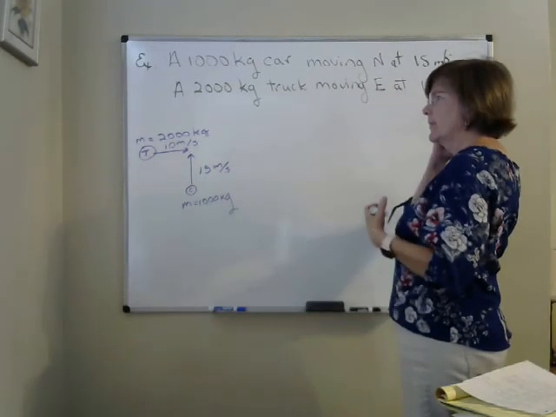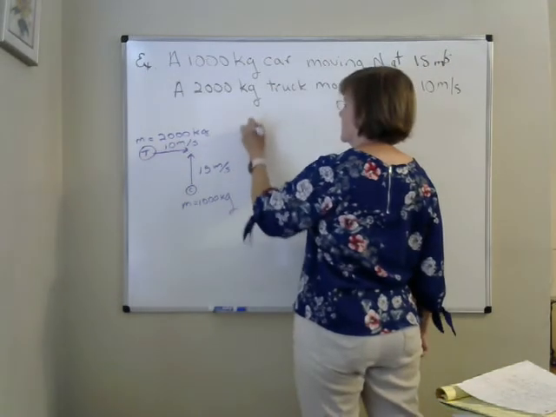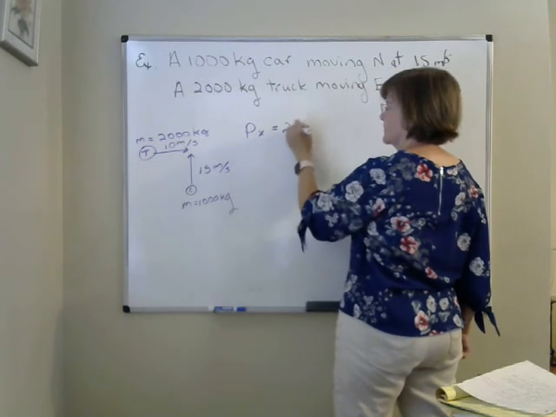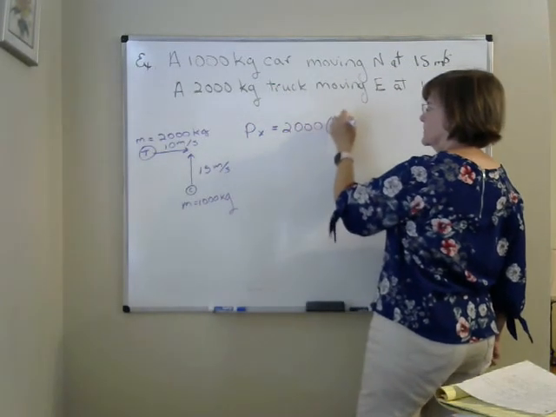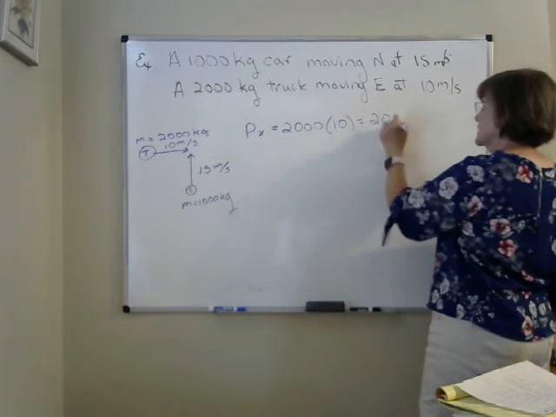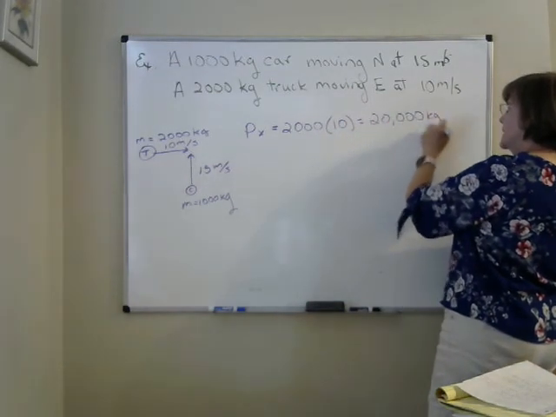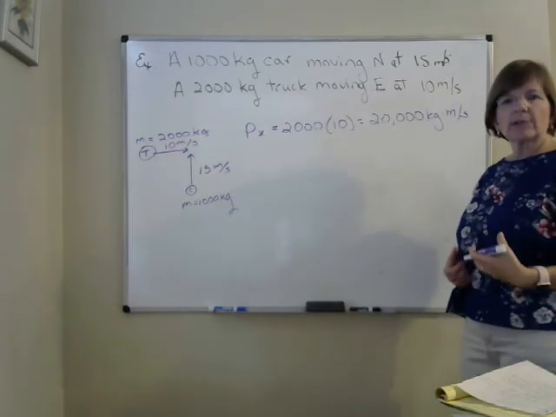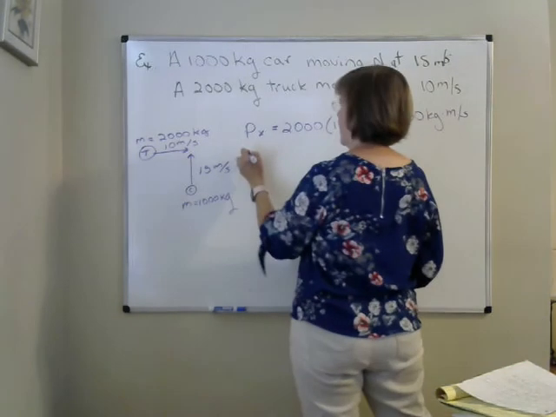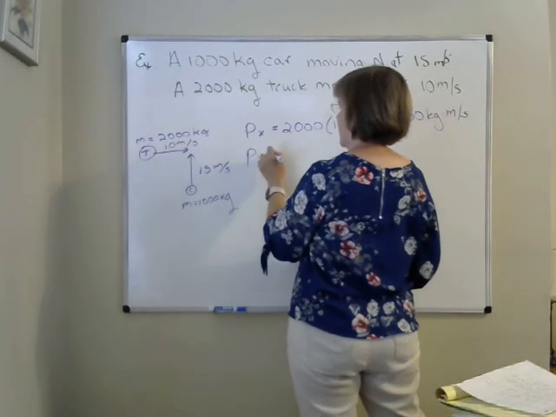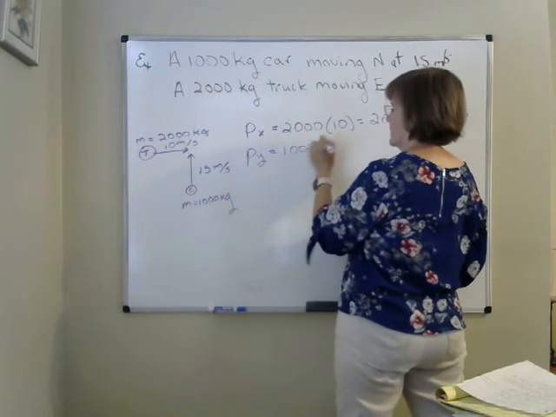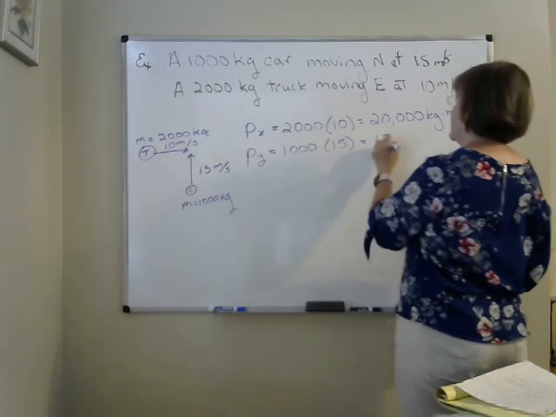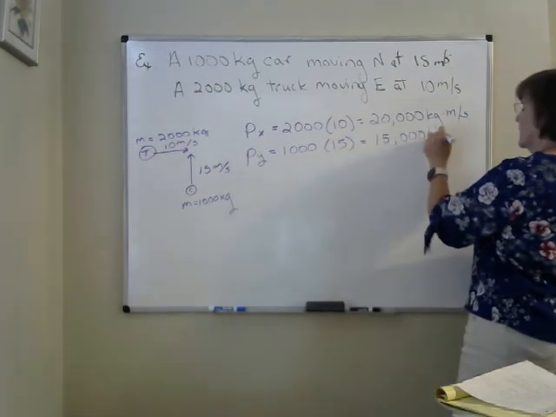So if we want to think about the momentum that's horizontal, just the x component, mass times velocity, we get 20,000 kilogram meters per second. If we want to think about the y direction, vertically, north-south, we have a mass of 1,000 kilograms going 15 meters per second, and that's going to be 15,000 kilogram meters per second.